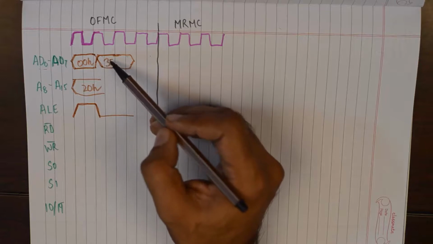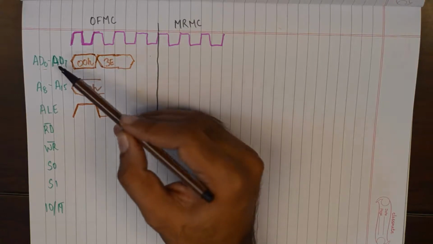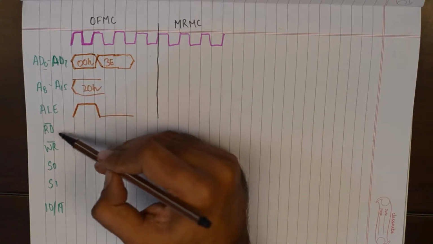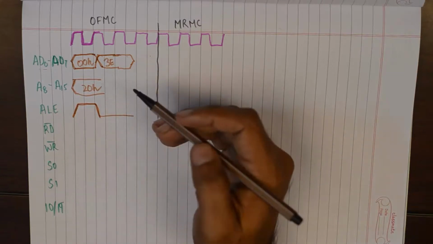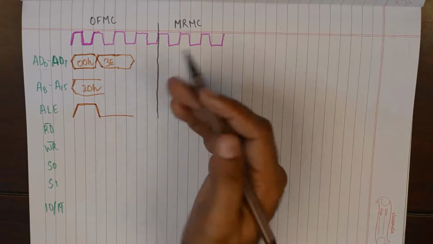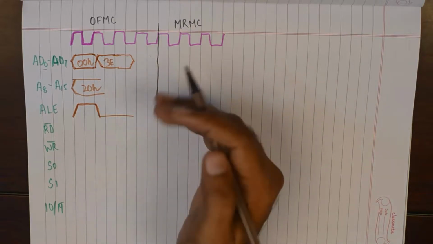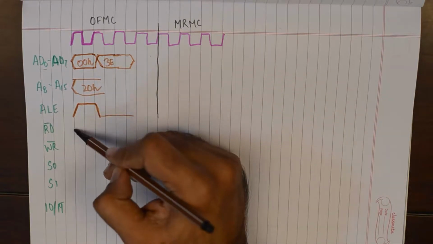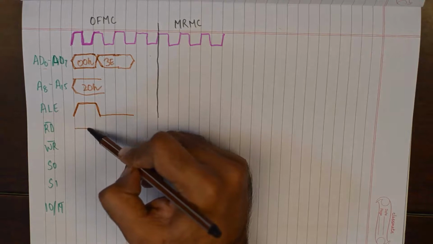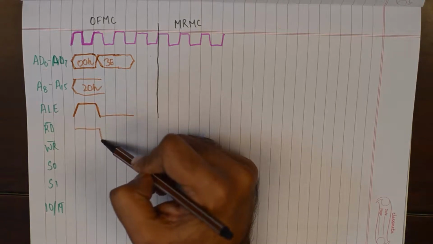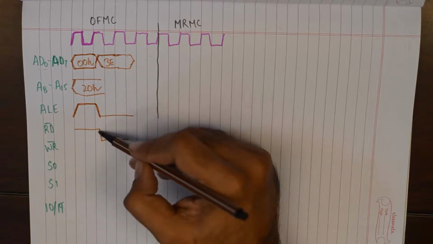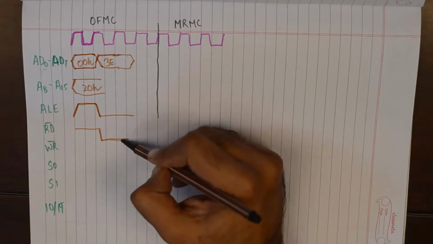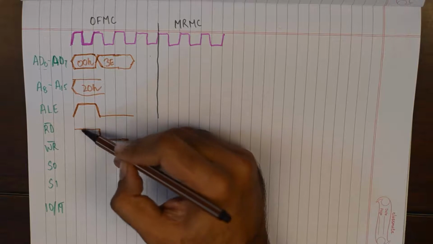Now, putting 3E onto the data bus is represented by the read signal, because placing this data onto the data lines makes sense only when the read signal is activated, and it is activated by making it 0. This is an active low signal.